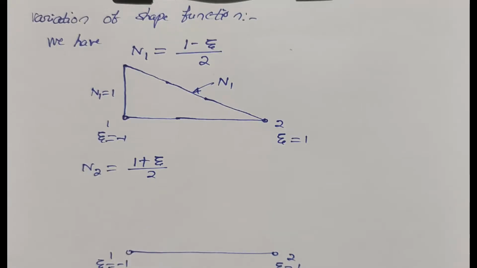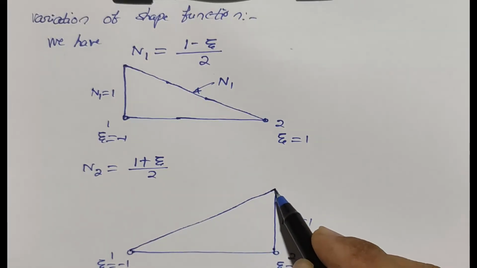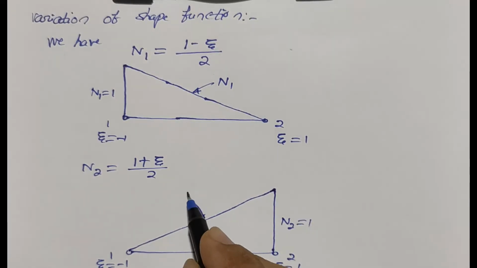Means at node number 1 the N2 is 0. At node number 2, if we substitute zeta is equal to 1 here, we will get 1 plus 1, it becomes 2. 2 by 2 it becomes 1. So at node 2 N2 is 1. At node 1 it is 0. So this is the variation of shape function N2 along the length of the element.